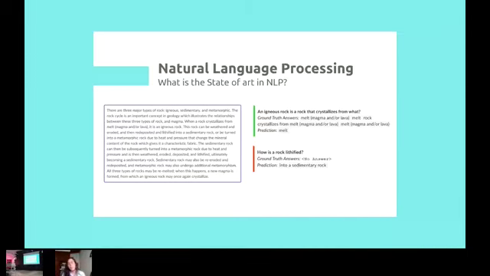It says, how is a rock lithified? And the answer is into a sedimentary rock. That's not the answer. That would be a correct answer if we asked, a rock is lithified into what? But it is not explaining how that happens. So natural language processing is still growing. Of course, this is not the only focus.